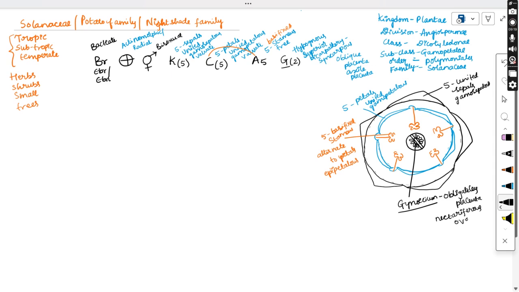So this is a nectariferous ovary, and all the ovules are present on the central axis. So it is axile placentation. And you can see the clear septa at the center, which is dividing it into 2 chambers. A true septum can be seen. 2 locules or 2 chambers. So a bicarpellary, bilocular type of gynoecium can be seen.